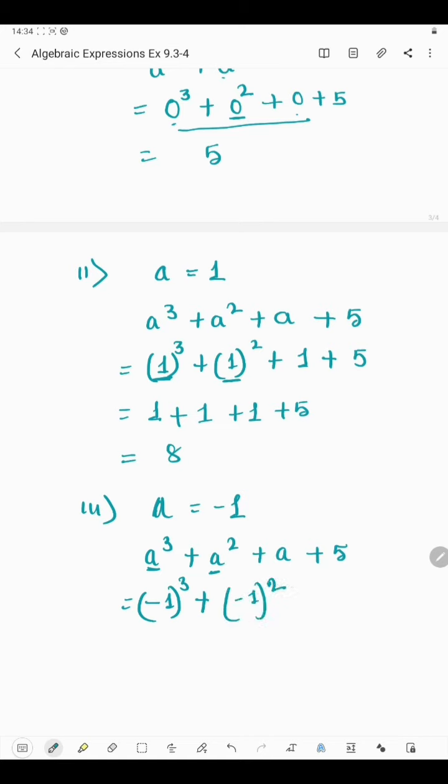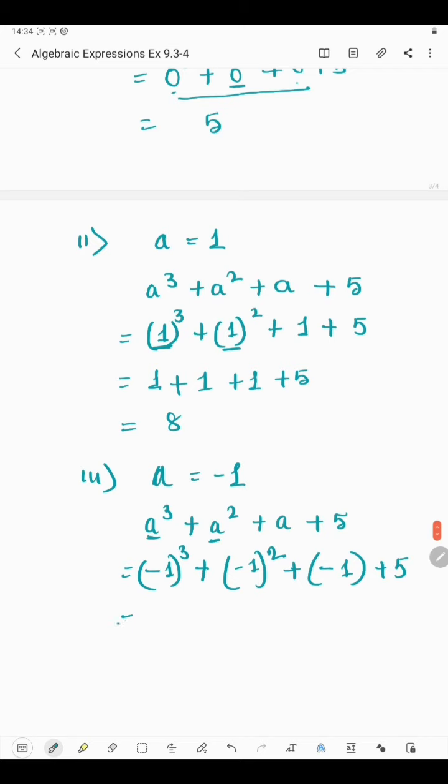So here it was 2, then minus 1 and plus 5. Now when the power is odd, we get a negative sign. So minus 1 into minus 1 into minus 1 means minus 1. Plus, when the power is even, we get plus. So minus 1 into minus 1 is plus 1. Okay. Now this plus minus minus plus 5.